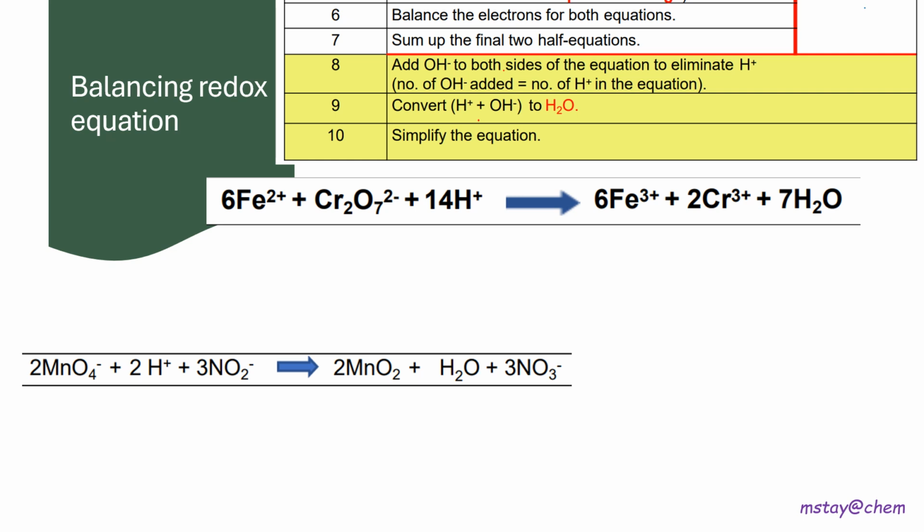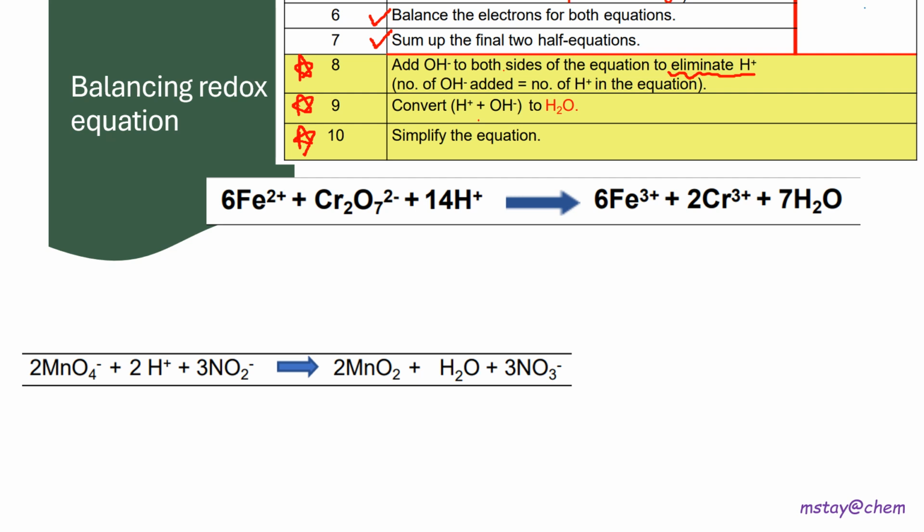After adding the electron at the correct side, we will proceed to step number 6. We will balance the electrons for both equations, then we sum up the two half equations. Let's say the question asks for basic medium, we will continue with steps 8, 9, and also 10. Based on step 8, add OH- to both sides of the equation to eliminate H+.